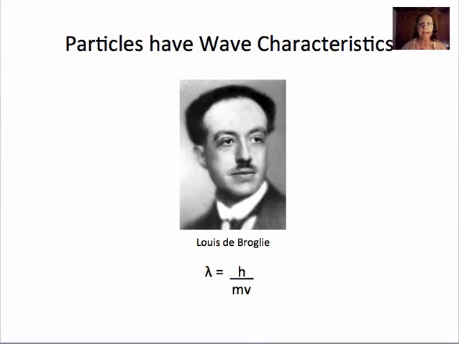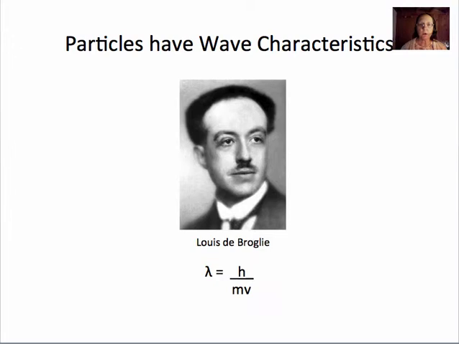After Einstein's idea that energy has particle characteristics, Louis de Broglie proposed that matter also has both wave and particle characteristics. These wave characteristics only show up in extremely small particles, such as electrons, however.